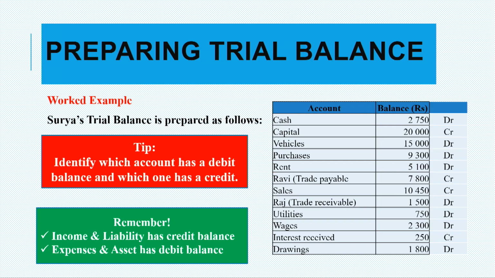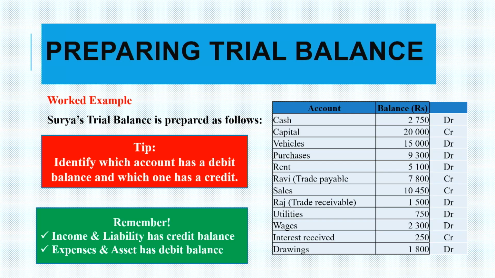Income and liability have a credit balance, and expenses and assets have a debit balance. Therefore, cash is an asset. It means it has a debit balance. We write debit next to it. Capital has a credit balance. We write credit next to it.